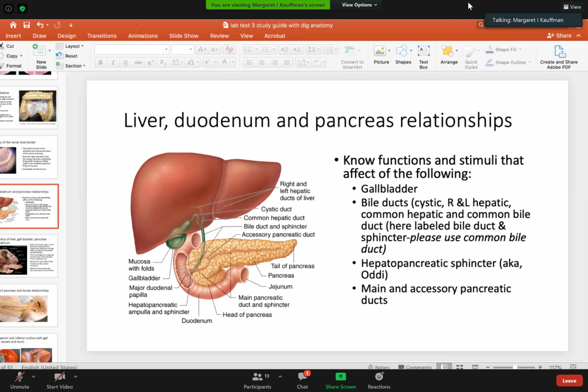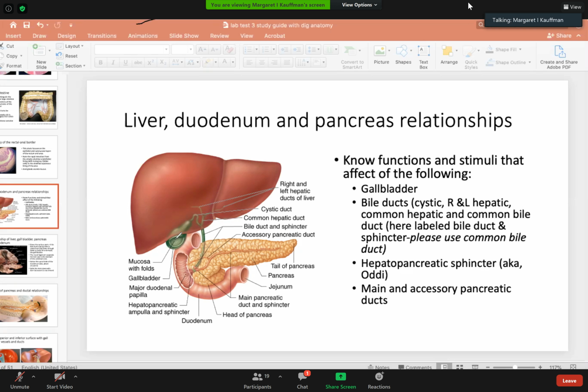Okay, so let's talk a bit more about these various ducts that carry bile. When the liver makes the bile, it makes it already mixed with a bicarbonate-rich solution, but it's in a more dilute form.